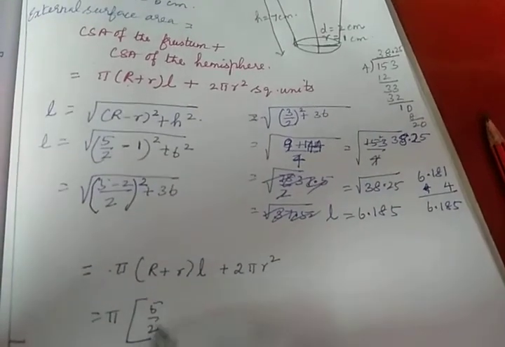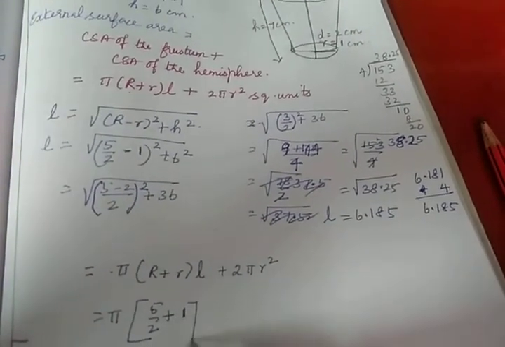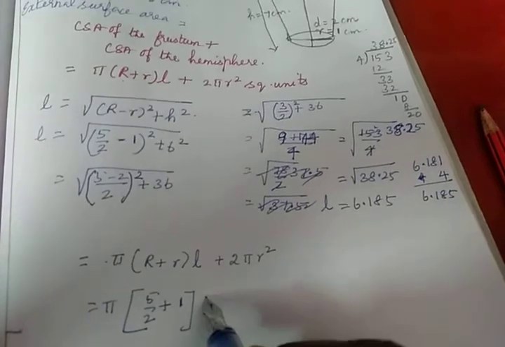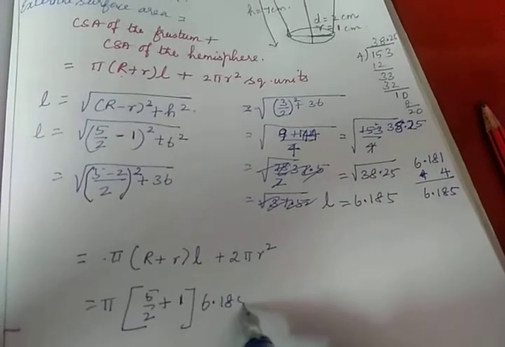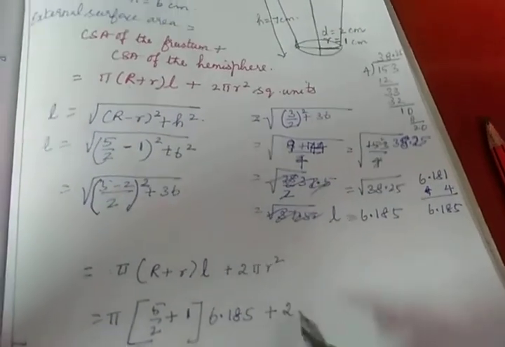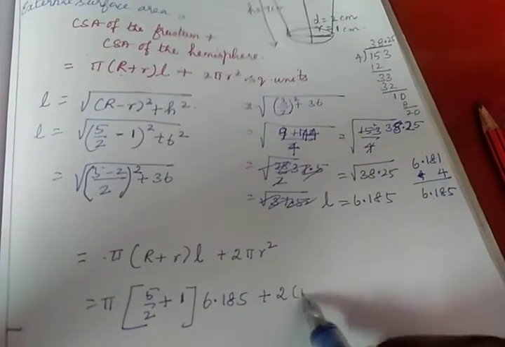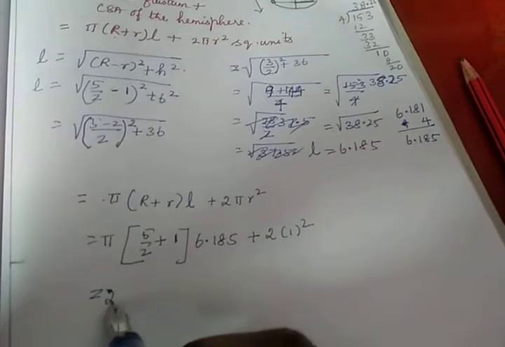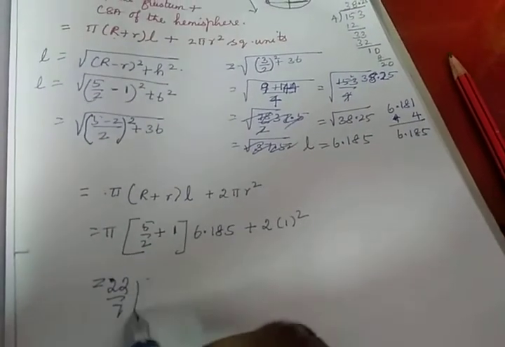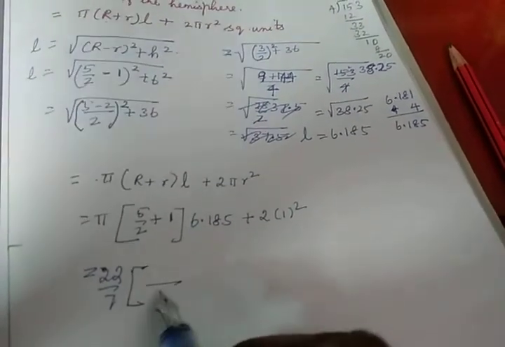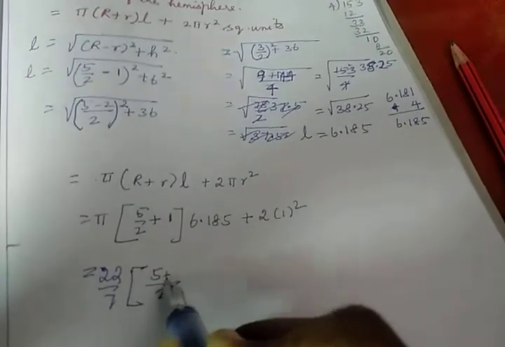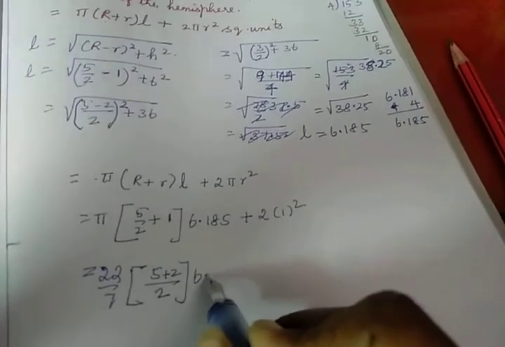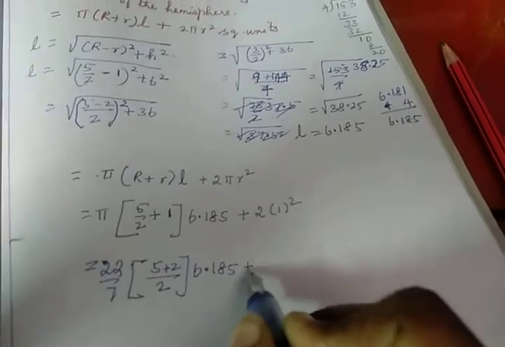Capital R is 5 by 2, small r is 1, into L is 6.185, plus 2 into small r square, it is 1 square. 22 by 7. Take LCM 2, so 5 plus 2 into 6.185 plus 2.